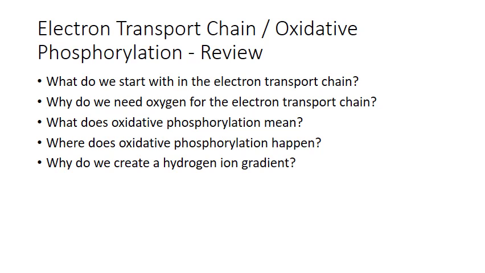No, so we let the protons flow through the ATP synthase to make ATP. So once we had this really big proton gradient, it can release energy as it flows through the ATP synthase, and that energy can be used to make ATP. So the proton flow makes the ATP. Yeah. So the proton gradient is sort of the step after the electron transport chain.